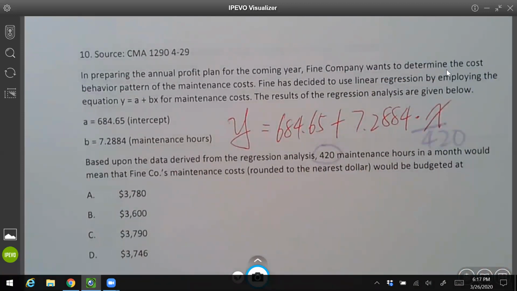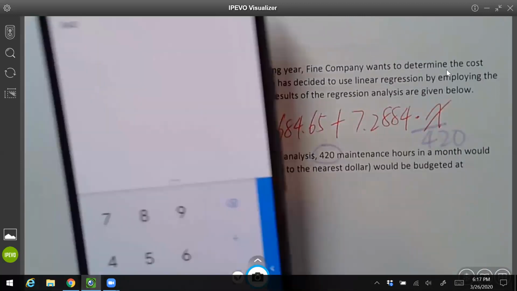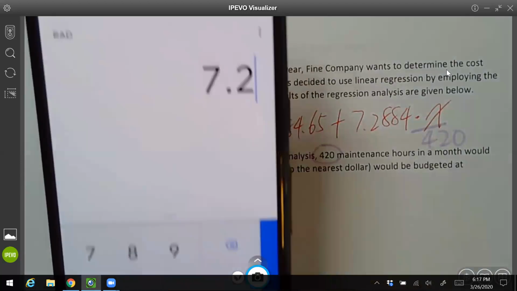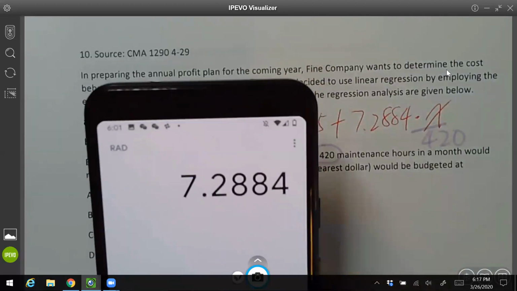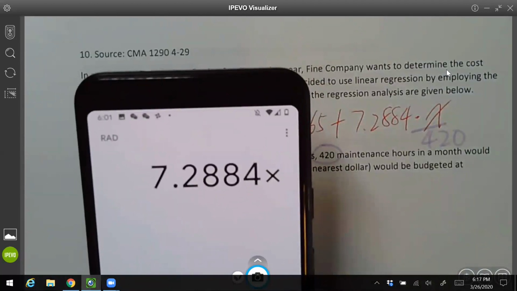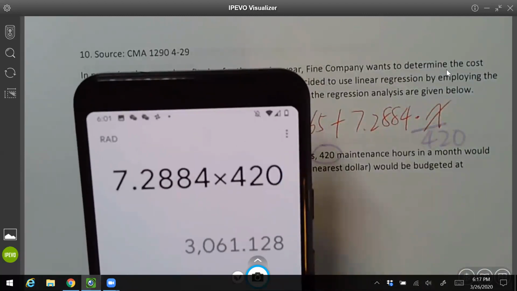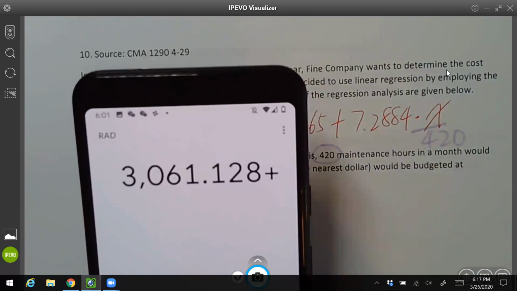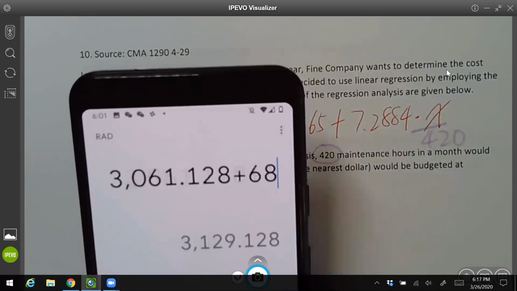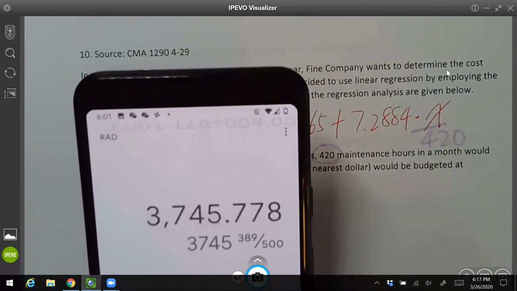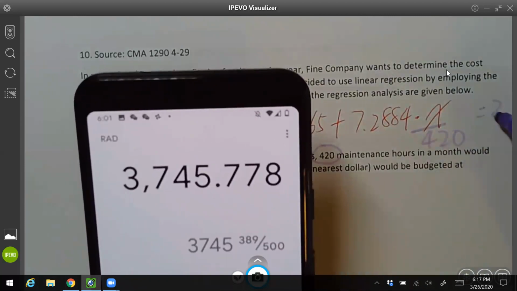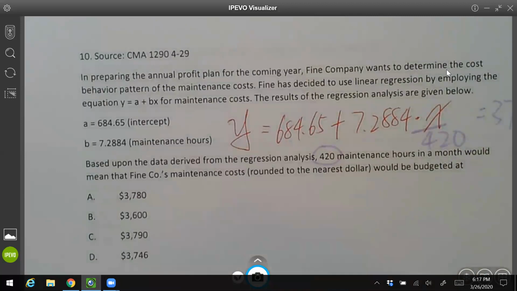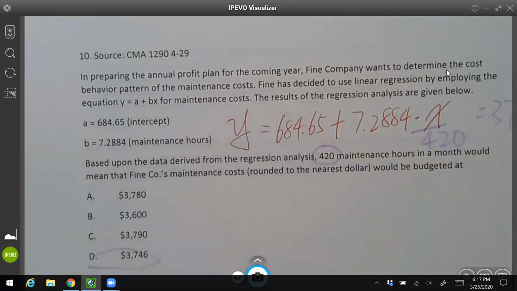Give me a second, I want to work this one with you. 7.2884 times 420 gives me this number. Then I need to add the intercept 684.65. I got the number 3746. Oh my goodness, we are so smart, right?